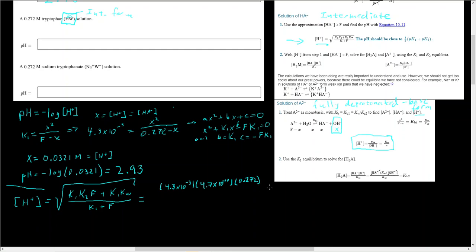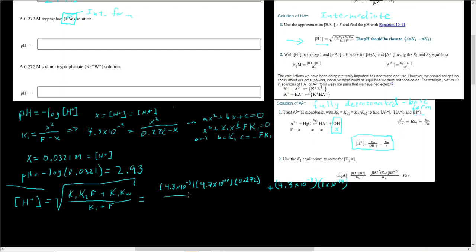All right, and then we need to add to that. I'm going to go down here so I don't interrupt this white space up here. K1 again, 4.3 times 10 to the negative third times kW, which is 1 times 10 to the negative 14, you'll remember.